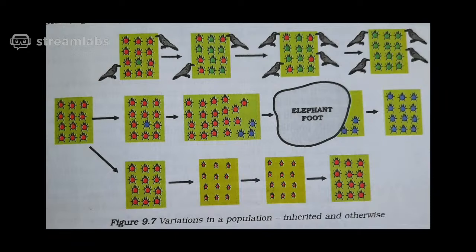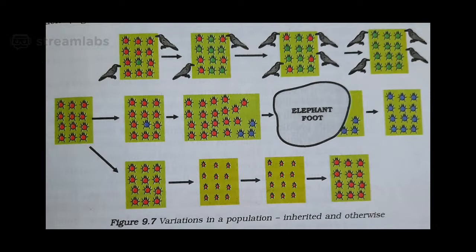They can't find the green beetles on the green plants. All red beetles are eaten away by the crows. But what about the green beetles? Their population increased. This is called natural selection.